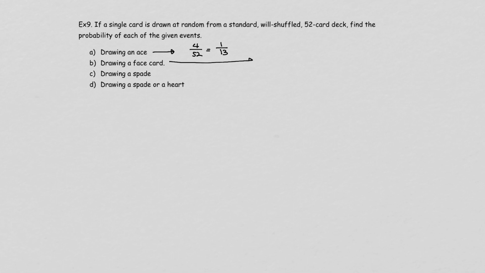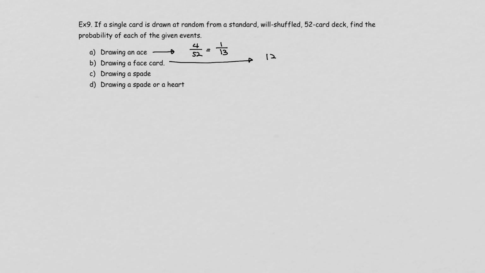The second one is asking drawing a face card. What's the face card? Face card is king, queen, and jack. Since you have 4 different shapes for all king, queen, and jack, 4 times 3 is 12.